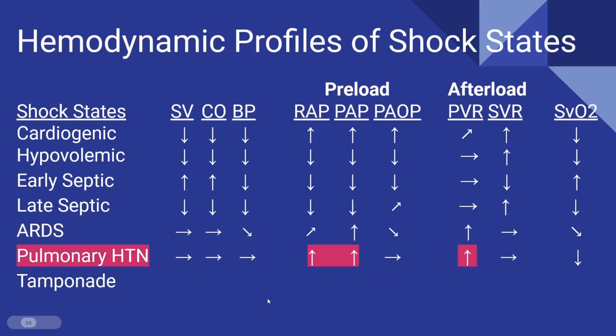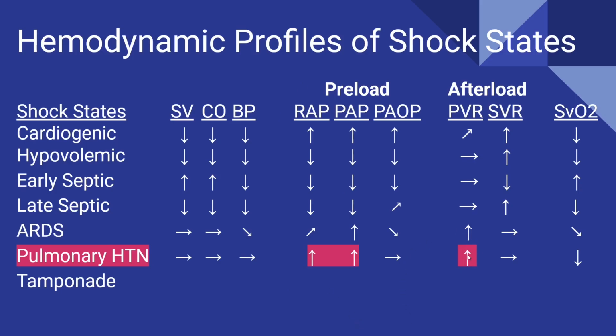Very similar with pulmonary hypertension, right? Your stroke volume, cardiac output, and blood pressure are going to be okay. But you're going to have such a high pulmonary artery pressure that it's going to cause backing up into your right atrial pressure, the right side of your heart.